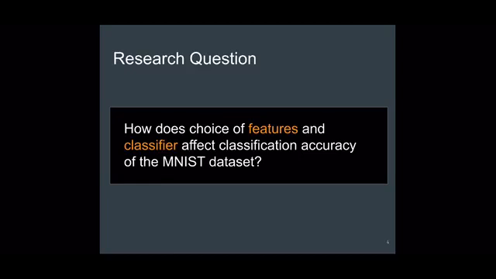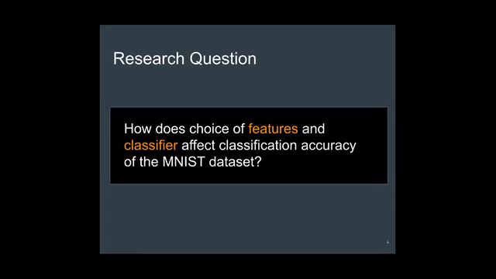Like, for example, if you have a fire truck, you know that it's red, you know that it has wheels, stuff like that. And for the classifier, it's the method in which you classify whatever your data is based on its features. So if you wanted to classify a fire truck as a fire truck, you would use your eyes and your brain and say that's a fire truck based off of it being red and having wheels and stuff like that.